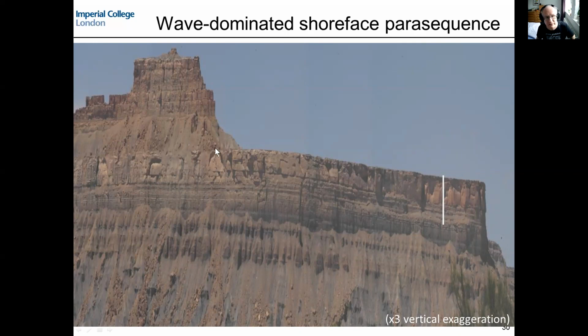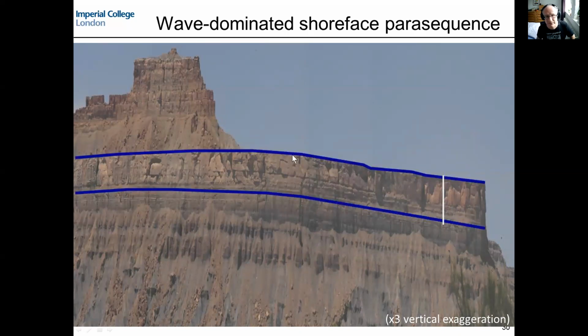So this is a flooding surface running across the top in here. I think the next slide shows that, a flooding surface at the top. There's also a flooding surface at the bottom as we go from an upward coarsening unit, which doesn't have much sand in, to an abrupt increase in mud content to a second upward shallowing unit or parasequence.